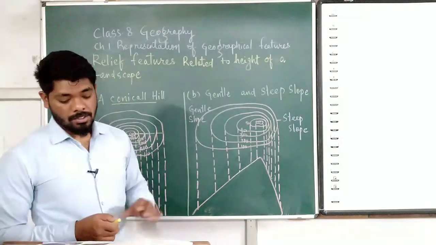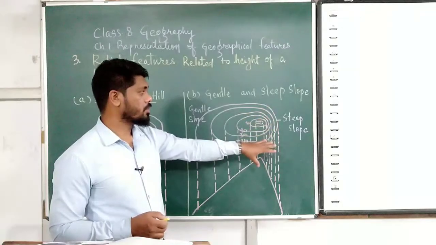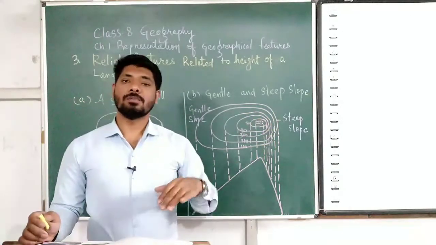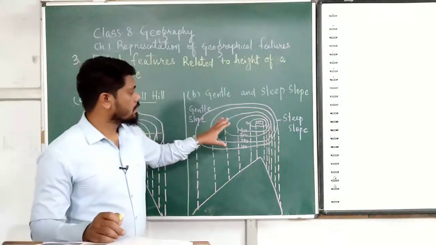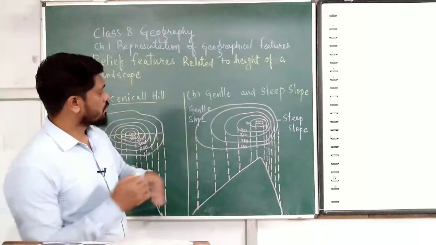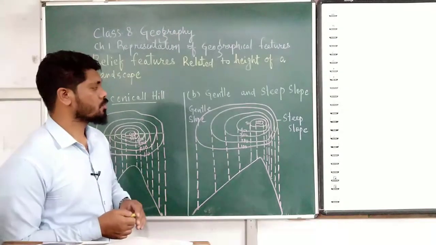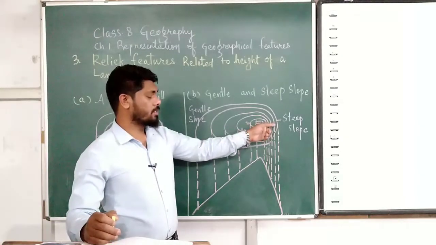Now the next one is the gentle slope and the steep slope. We have discussed gentle slope and steep slope in the previous video. Still, there is a need to discuss them more. You could see the contours are very close to each other.